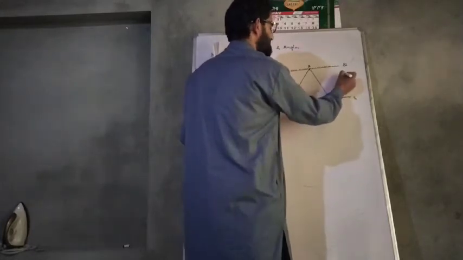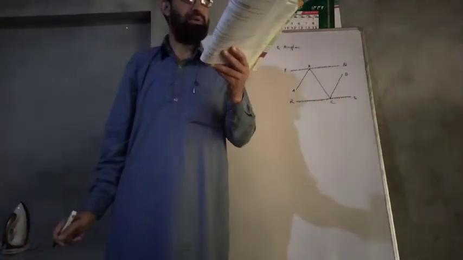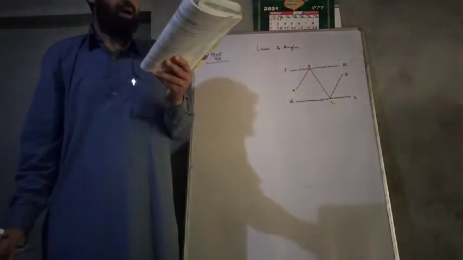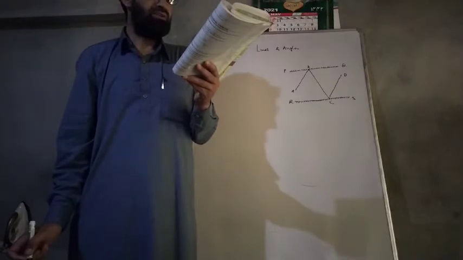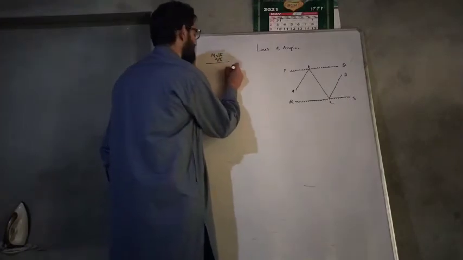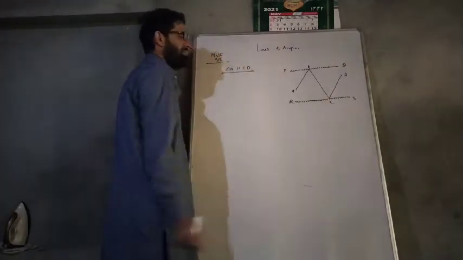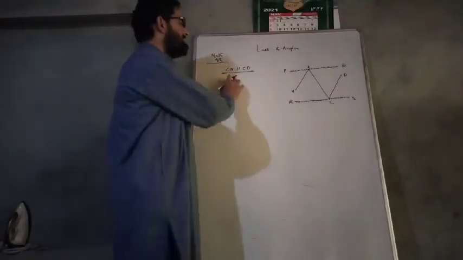So this is CD. Now what we have to prove is: at point C on RS it is again reflected back along CD. We have to prove that the incident ray AB is parallel to CD. This is our requirement.